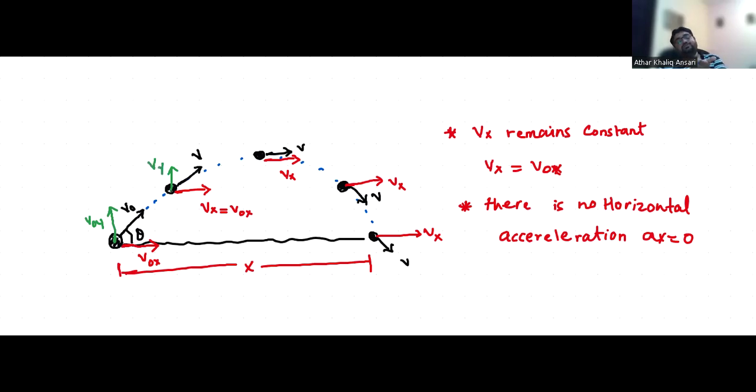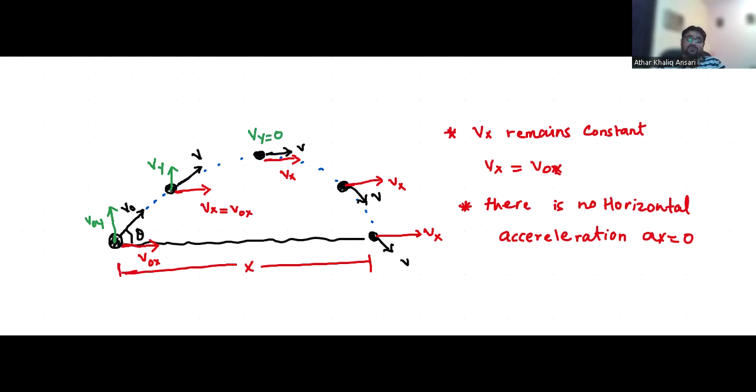The ball you throw upward will slow down, slow down, slow down, and when it reaches maximum height, it will stop. So here its initial velocity was v naught y, then it starts decreasing to vy, and when it reaches the maximum height, vy will be 0. It means at the top, its total velocity is only vx, and vy is 0.